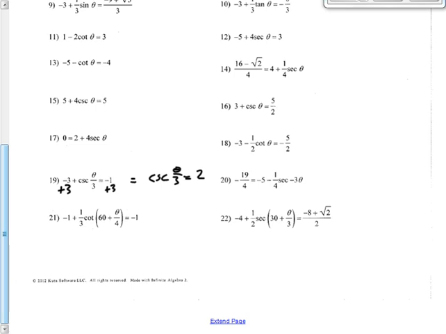So I'm going to get an answer of cosecant equal to 2. We could take this outside of the unit circle, but you can find this answer inside the unit circle as well. All right, so take some time, go through this sheet. This might be one of those that we take out though if we have some trouble with it, and spend a little bit more time on it when it comes back to us.